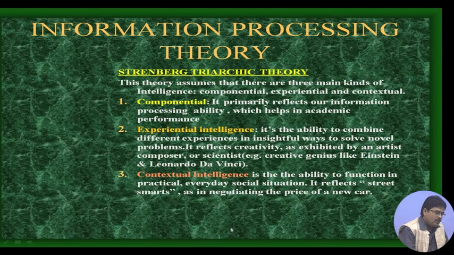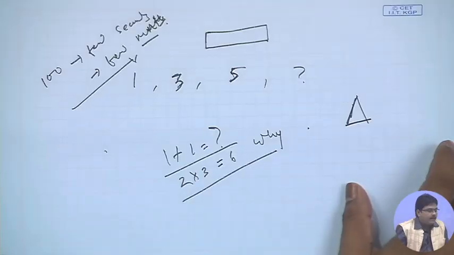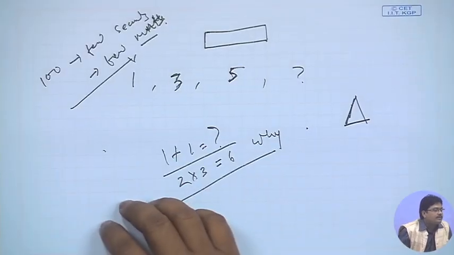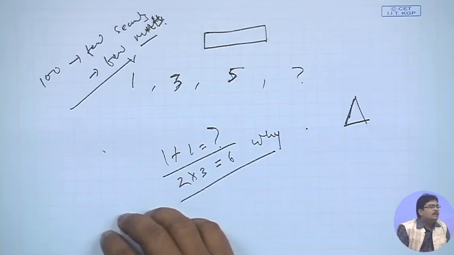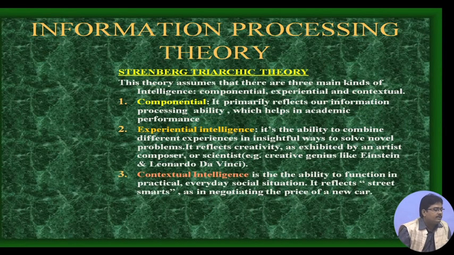There is one more type of intelligence that was developed by Robert Sternberg in his triarchic theory of intelligence. Robert Sternberg also talks about contextual intelligence. It is the ability to function in a practical way in everyday social situations. It reflects street smartness, as in negotiating the price of a new car.